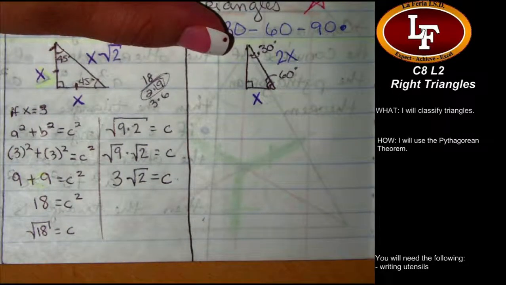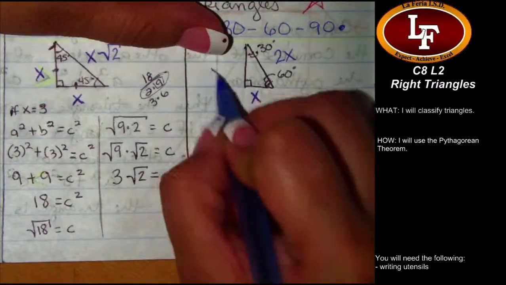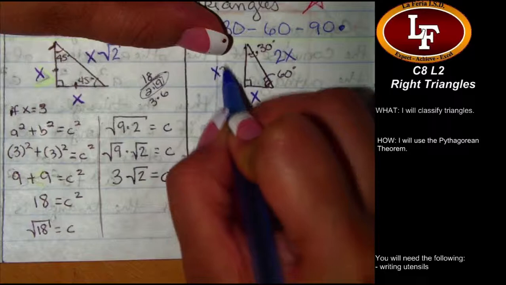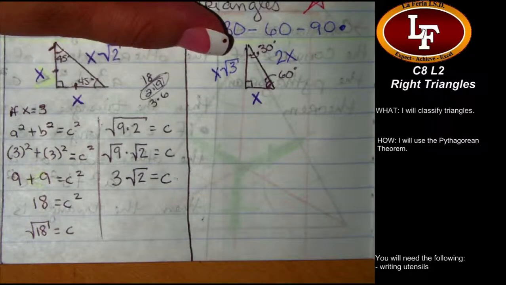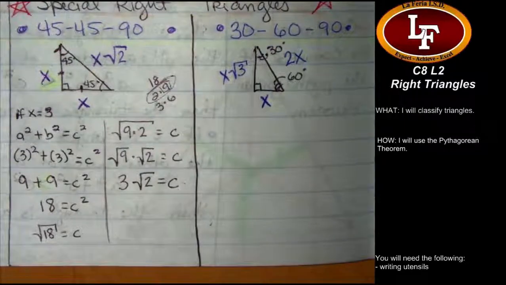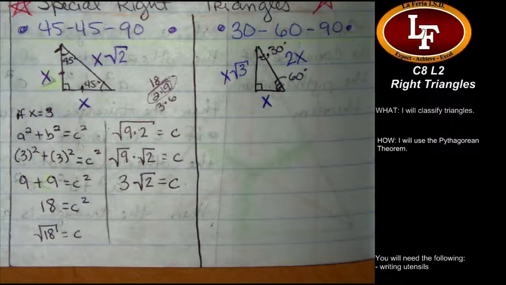And then the medium side, the one across from the 60, is going to be that number times the square root of 3. Again, the radicals that Pythagoras doesn't like.